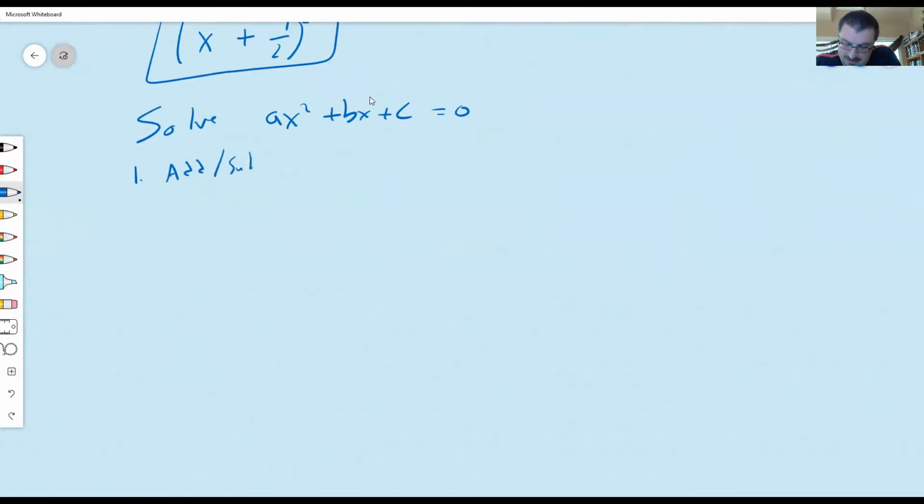Add or subtract c so that the x squared and the x term are on one side of the equal, and the constant on the other side.